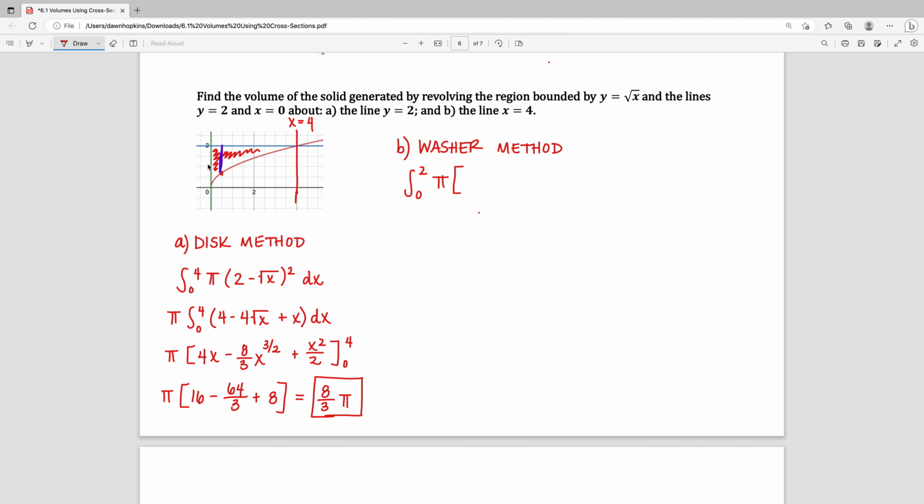So that distance from this outer edge to the line x equals 4 is always going to be 4 units. So we'll have 4 squared as our outer radius. The inner radius, this is what will fluctuate. Keep in mind that this red curve here is the line y equals the square root of x, or I can rewrite it as y squared equals x.